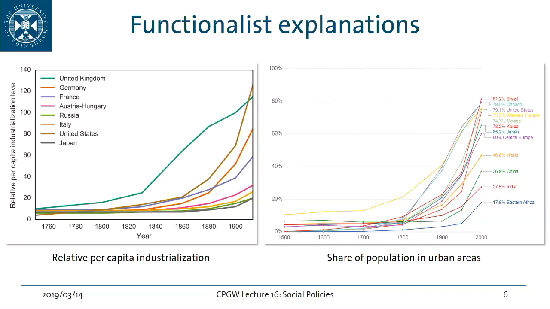This was a thing that hadn't been there before. If you'd gone to England in, say, 1800, you would have seen neither particularly big cities, nor lots and lots of people working in industries rather than in agriculture, which was the tradition. So these are two of the historical developments that functionalists point to.